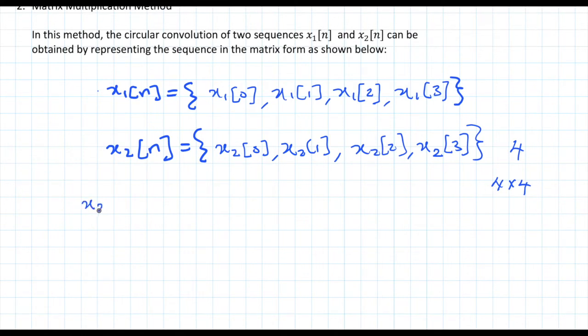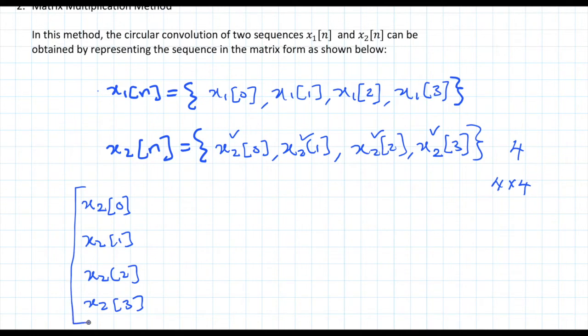First you write the first point of the second sequence, x2 of 0, that is this point. Then you write x2 of 1, then x2 of 2, then x2 of 3. So this would be our first column of the matrix.